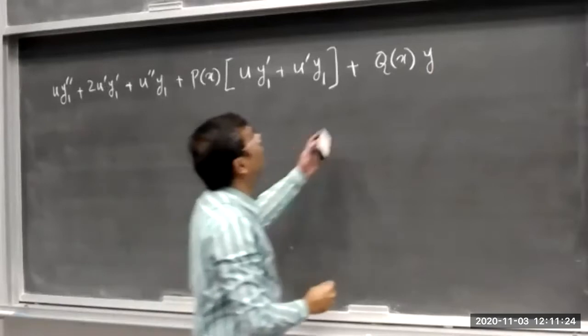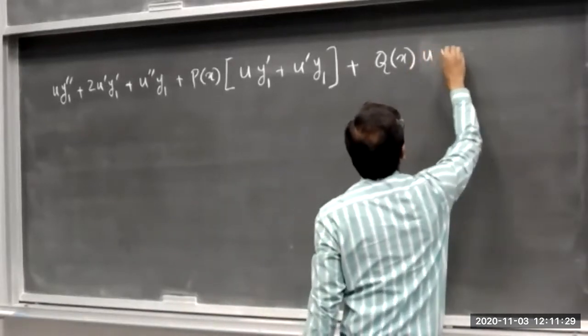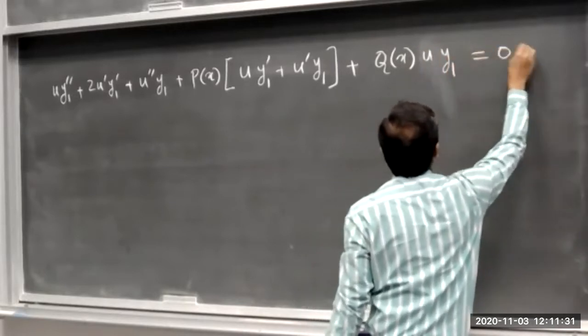We are putting the value of y2 here. So this should be equal to 0.